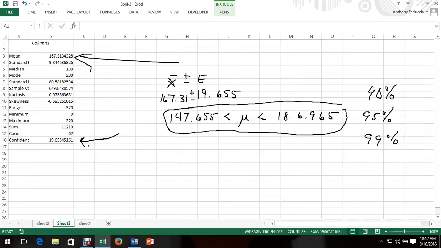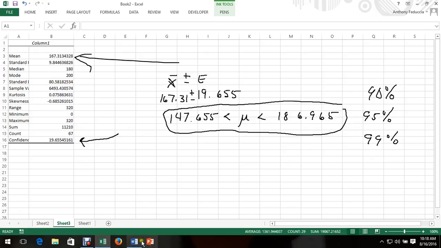Now, if you have pH stat 2, it'll give you the entire confidence interval. I've been having problems with it. I don't know if you are or not, but you can try pH stat 2 with the same information, and you should get this same answer.